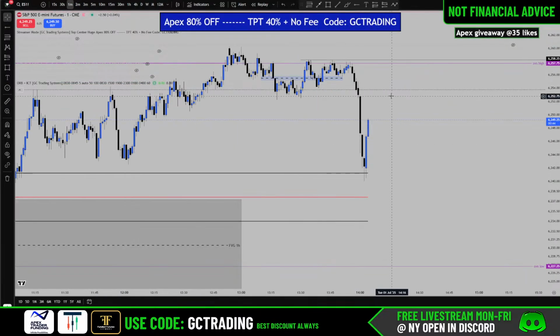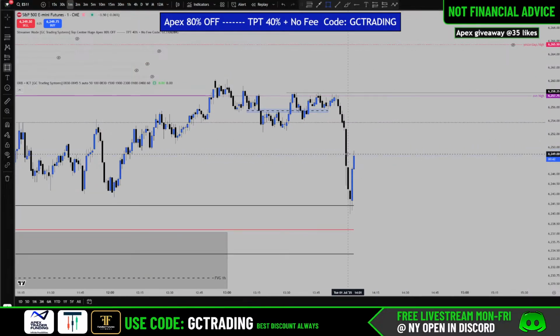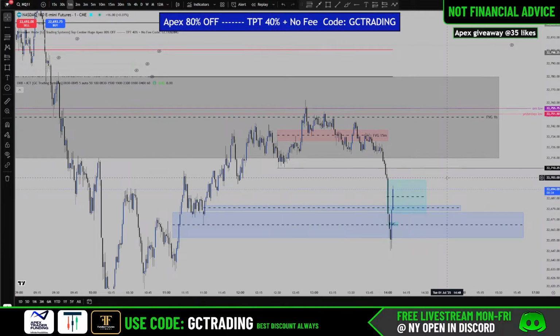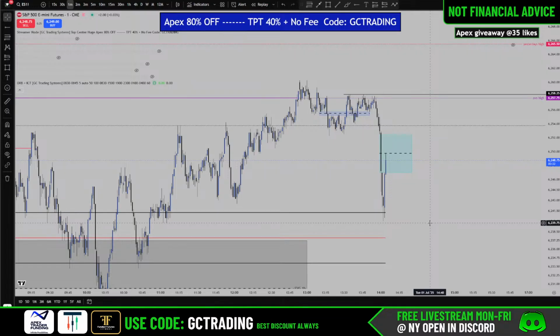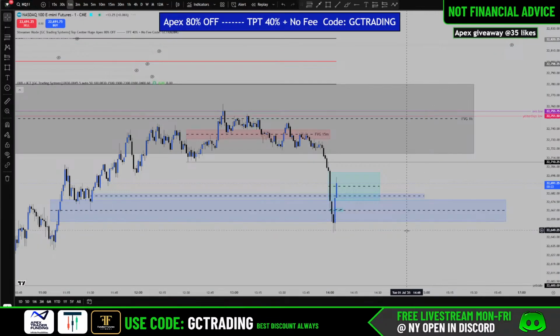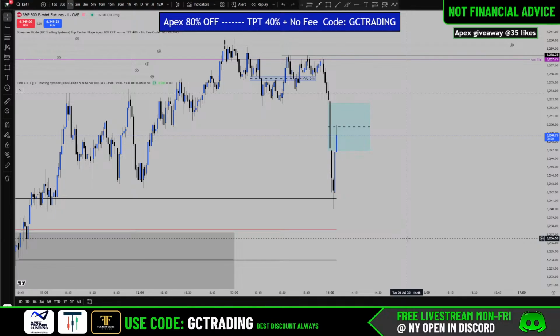Check the ES. The thing is, which one do you take? This is pretty high risk because Trump is talking. We've got 20 seconds left, so probably won't be this candle, might be the next.